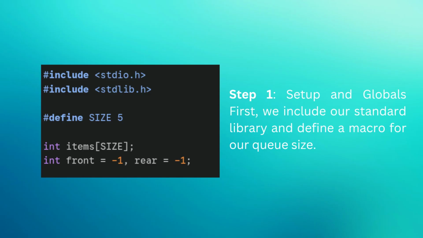Now let's initialize our variables: integer array, namely items, which is the size is SIZE, naa siya 5 size, and variable int front, let's initialize it into -1, and rear is equals to -1. As we discussed earlier, ang rear and ang front is initialized in -1 if wala pa tay queue.